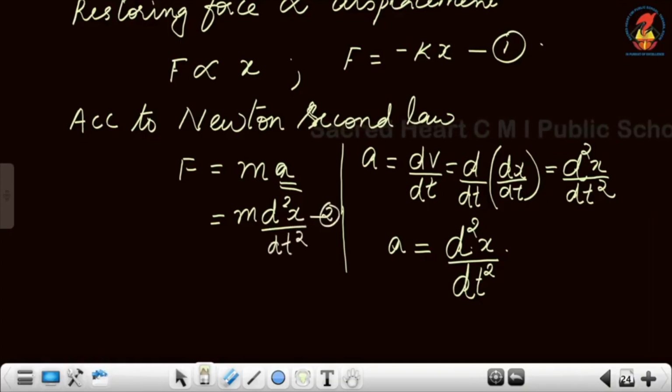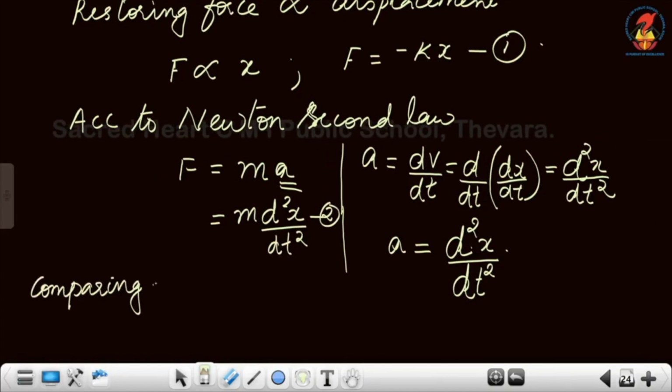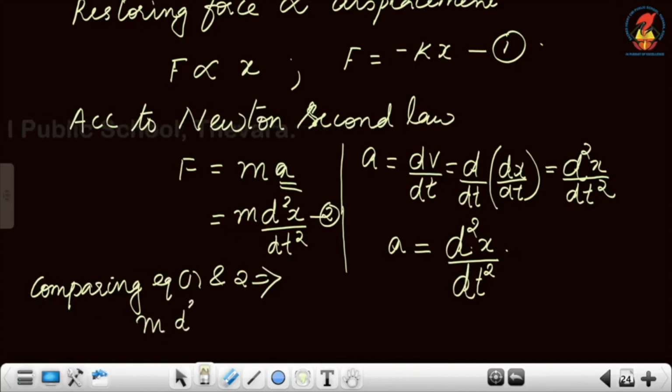So equation 2. Now comparing equation 1 and 2, we can write m into d square x by dt square is equal to minus kx.